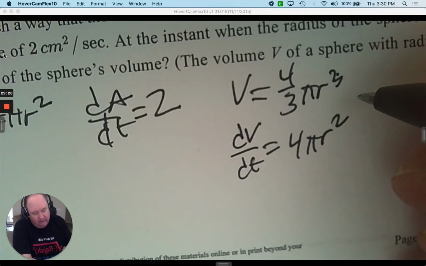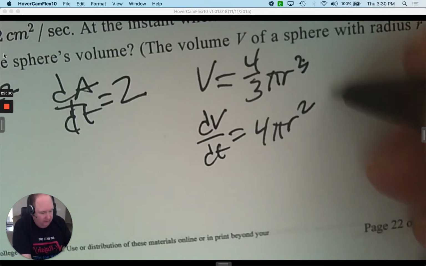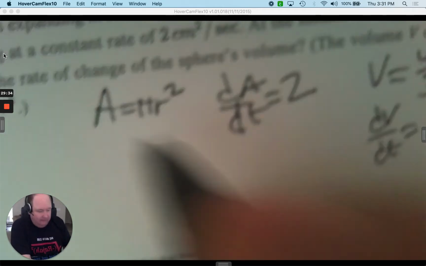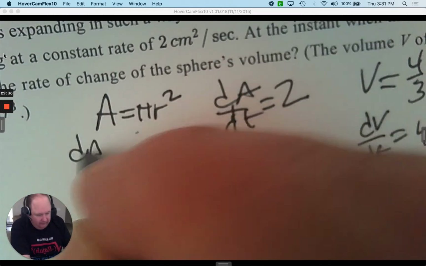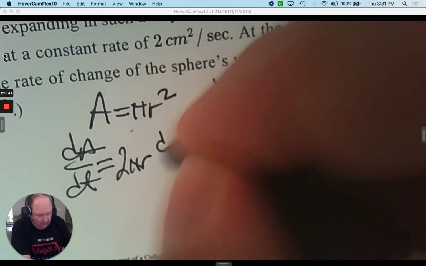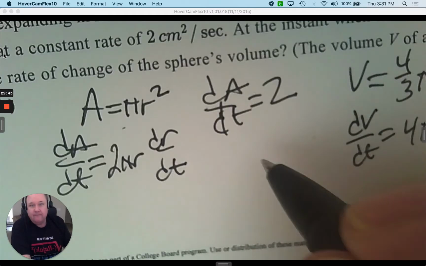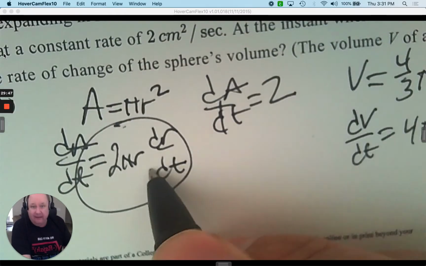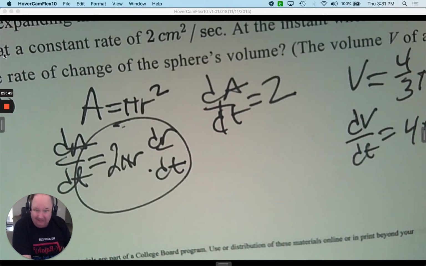Subtract 1 from the exponent. And then dr/dt is the hook. Now, if I take the derivative here, dA/dt is equal to 2 pi r dr/dt. That's the derivative with the hook. I'm going to take that value and come back into here to do a substitution.